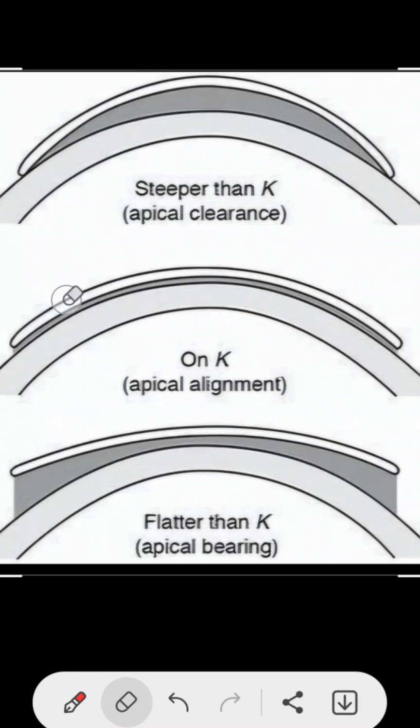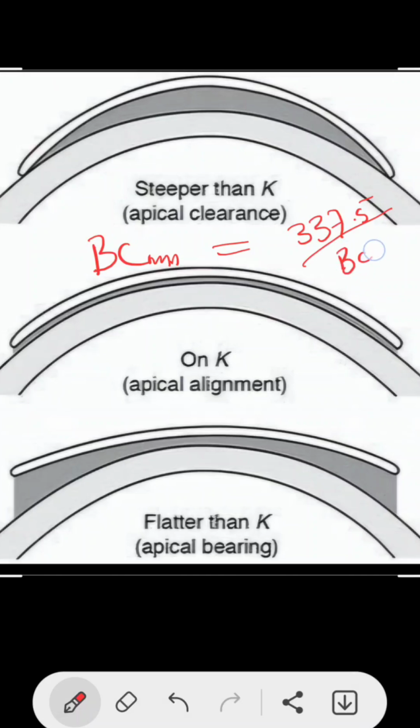Now, I also said that base curve, if it was given in millimeter, you have to convert it to diopters. And for you to do that, you will use this refractive index constant, 337.5 over the base curve in millimeter. This will give it to you in diopters. So I was just trying to recap here.